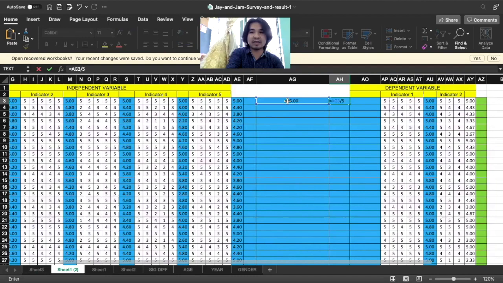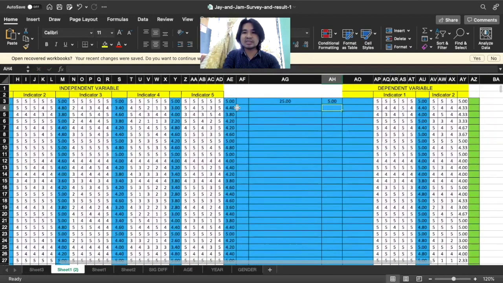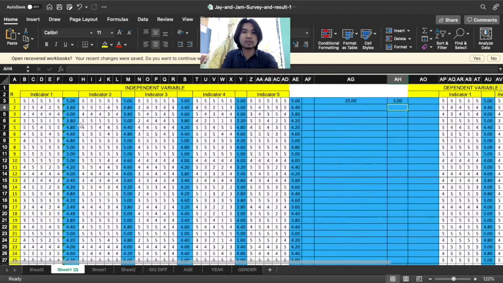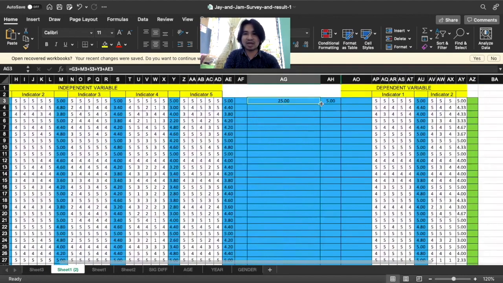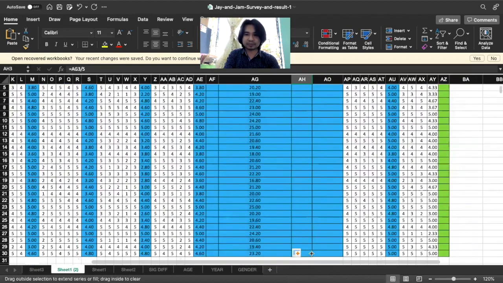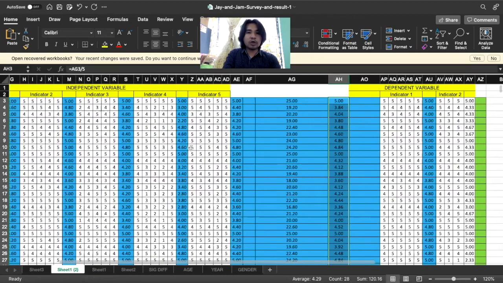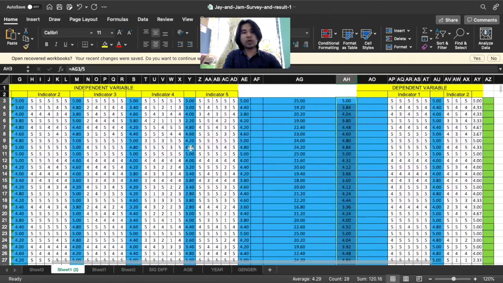So that's 5 indicators. So this is now the mean for all the indicators we have. For respondent one, the mean will be 5 for all the indicators. So let's drag this and this one. So these are all the means for the independent variable for all the indicators from indicator 1 to 5.